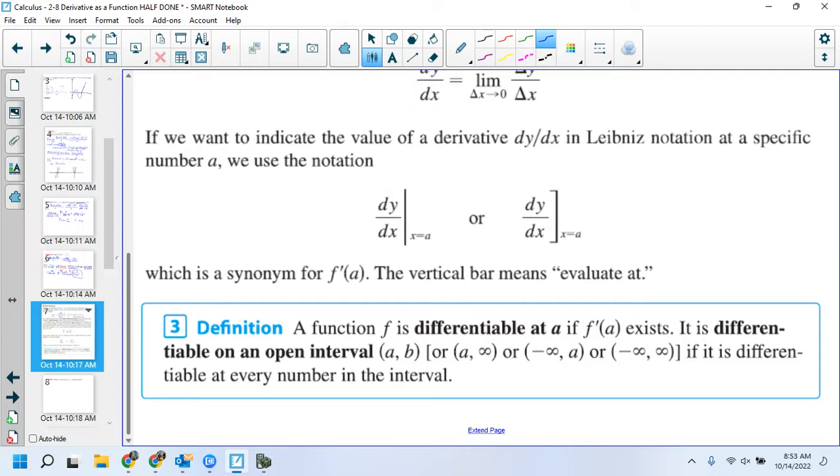Like, for example, in the last problem, we finished with a 2 plus x squared. What would have happened if you plugged in -2? The denominator would be 0. It's not differentiable there then.